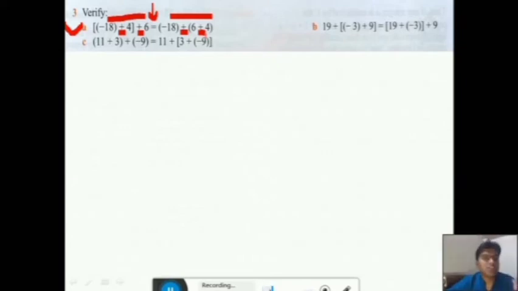In addition of integers we can change the group. Here see the group of minus 18 and 4, and here the group of 6 and 4. So the answer will be the same. By looking at the question only, we can say whether it is true or not. So let's see how to solve this question.